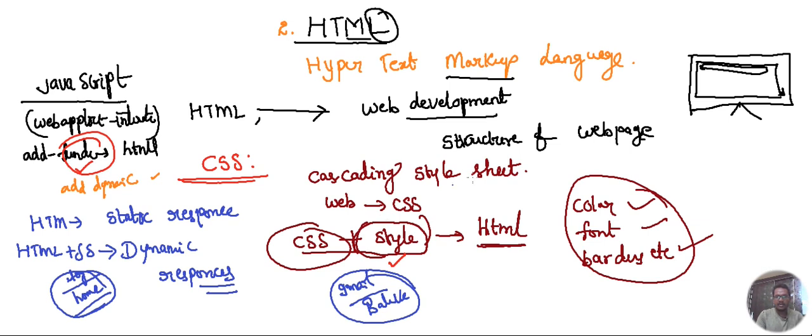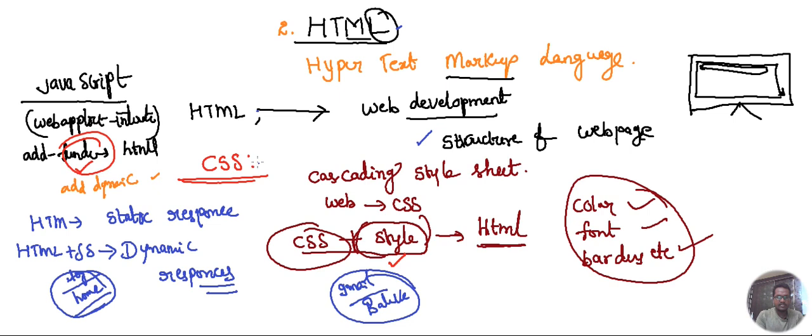So at the end of this video, let us discuss once and revise. HTML is nothing but hypertext markup language, which is used for web development, and it is the structure of the page.